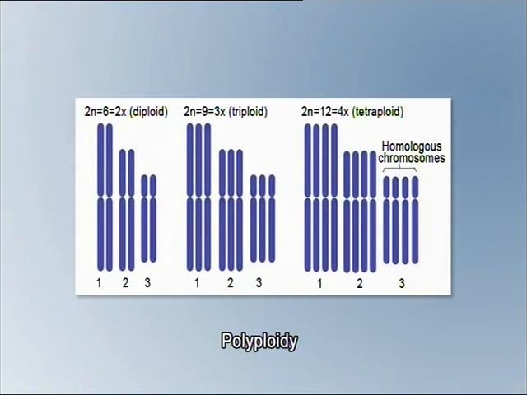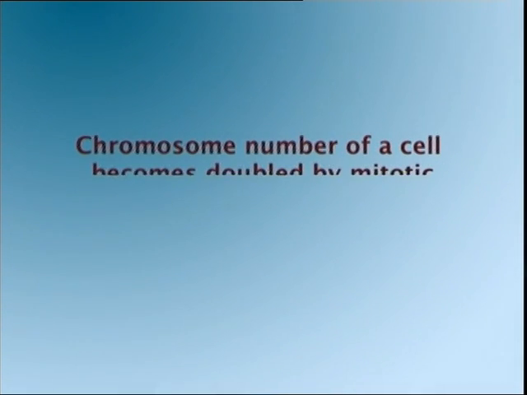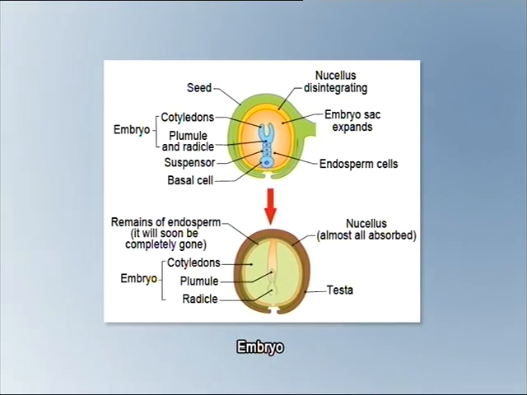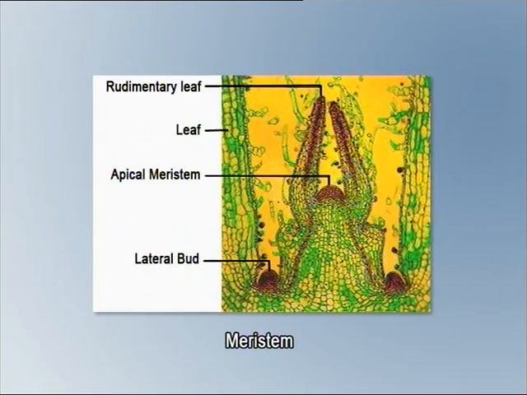Polyploidy is known to arise by either somatic or meiotic processes. In the former case, the chromosome number of a cell becomes doubled by mitotic chromosomal division not being accompanied by cell division. This cell, if it is part of a young embryo or meristem, can soon develop into a substantial piece of tissue which gives rise to a plant or shoot which produces flowers with diploid microspores and megaspores and hence tetraploid seeds.